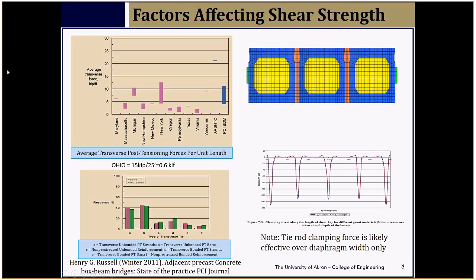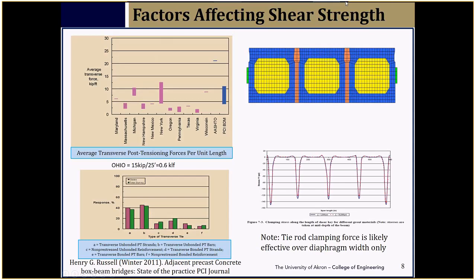But in other DOTs, they have moved away from just snug tight anchor rods, and they use post-tensioning, and the amount of post-tensioning also varied considerably, and it can be as much as 12 kips per linear foot in some cases.